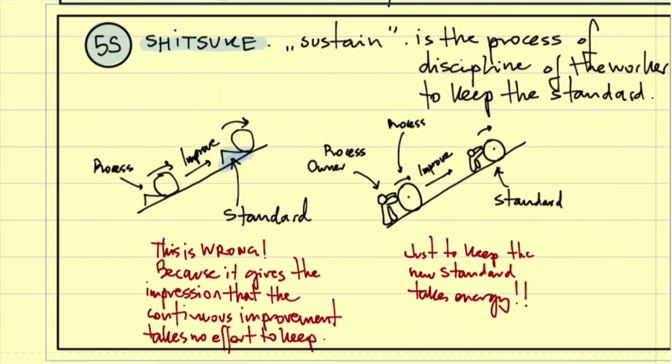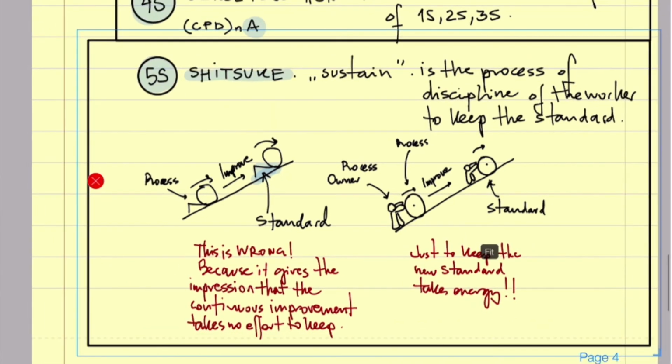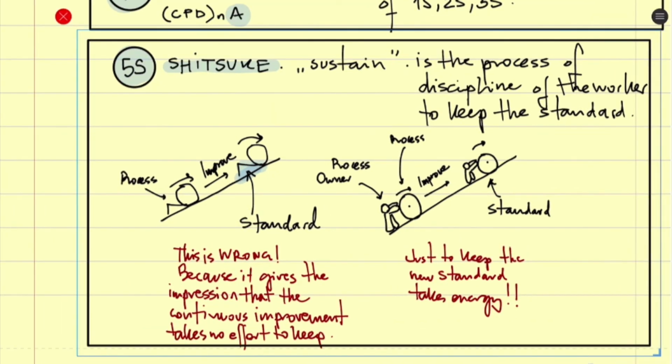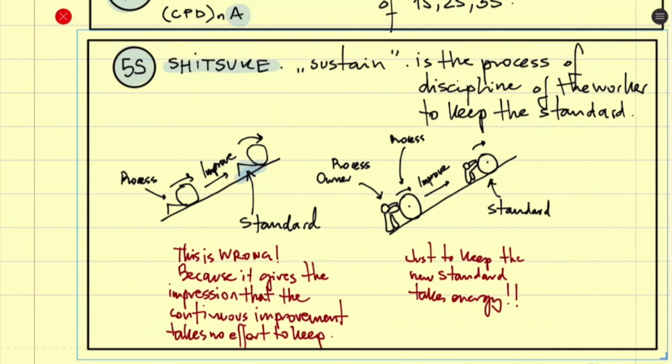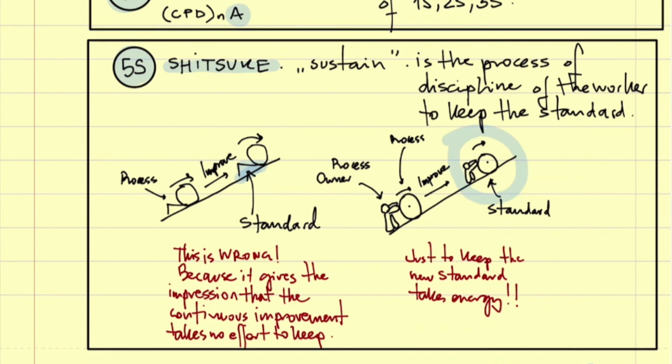Just to keep the room clean takes energy, and it's not little energy. Just to keep the new standard takes energy. That's why I paint a guy there, the process owner, who is just sweating just to keep the new standard. Okay, does it make sense?